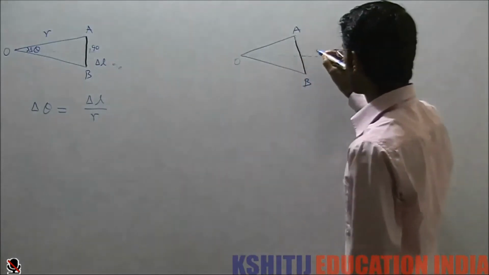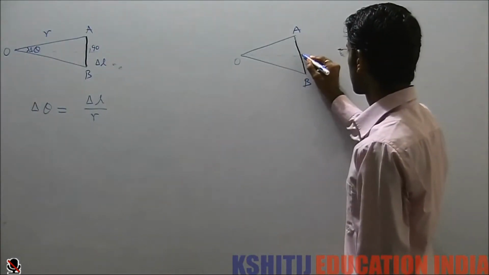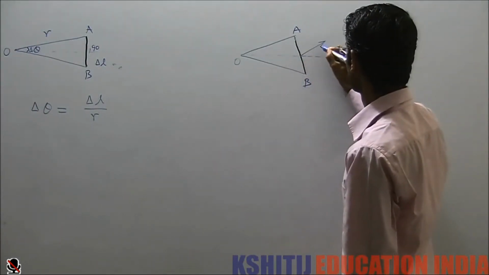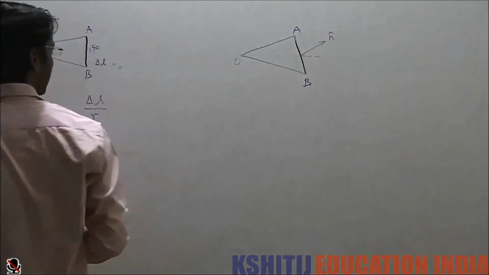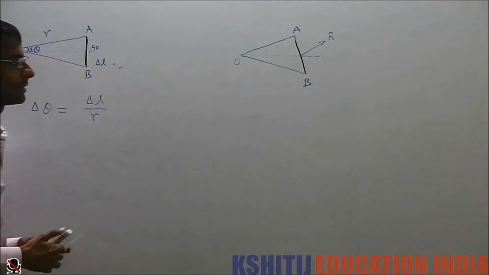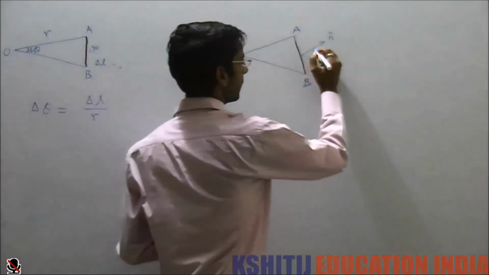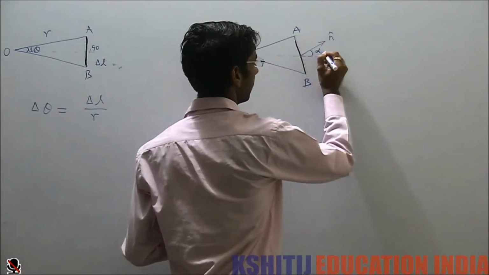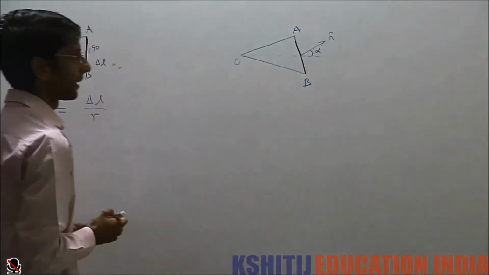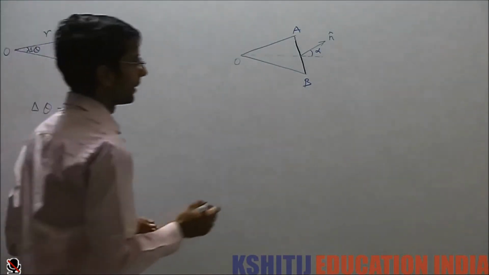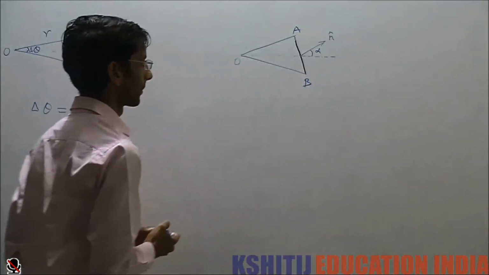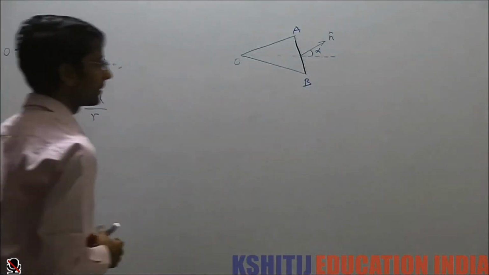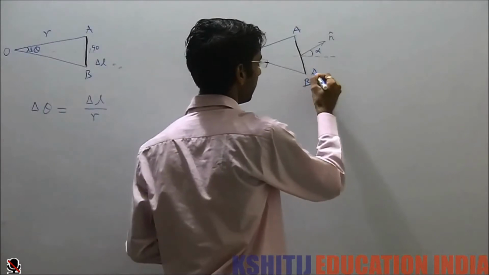The outward normal, or the positive normal, of this given curve will be N. Let's say this makes an angle alpha from the horizontal direction. And this is our delta L.